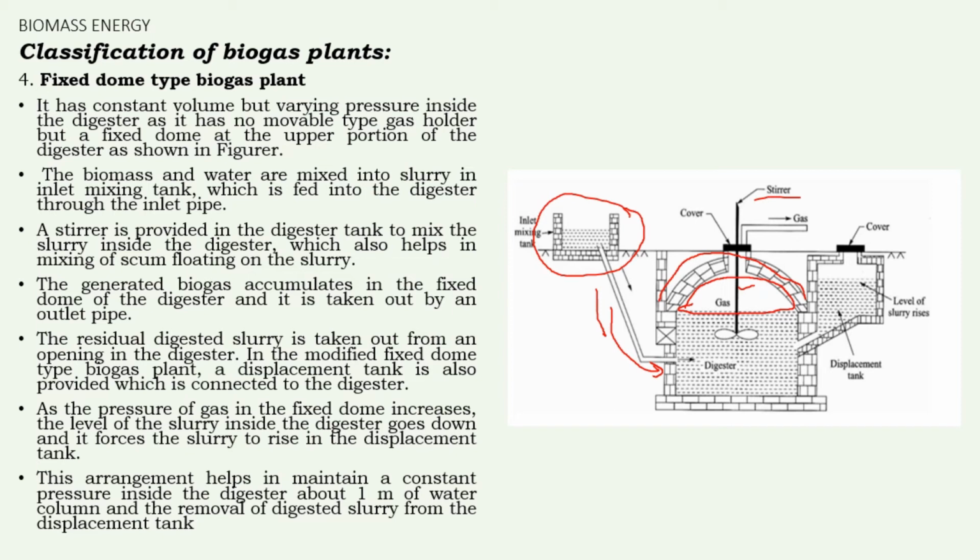This is the collecting tank, and as biogas production takes place, the pressure increases. Once the pressure increases, it applies force on the slurry, and as a result the slurry moves up and the level increases. So this is about the fixed dome type of biogas plant.